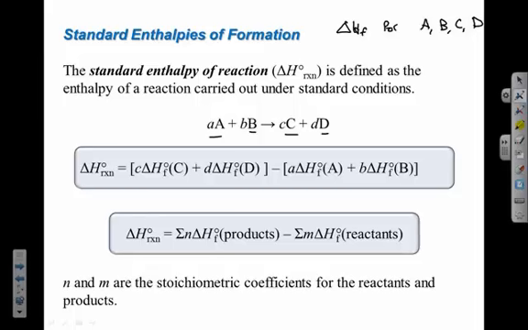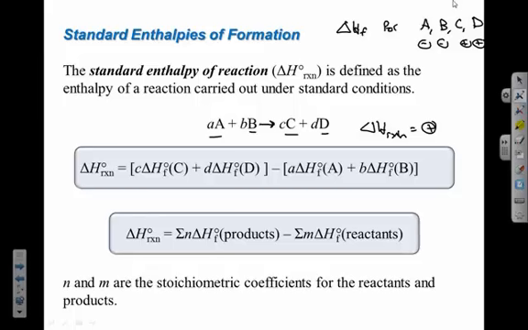If delta HF for A and B are both negative and C and D are both positive, that means substances A and B are very stable and substances C and D are unstable. So if I do a reaction where A and B are converted into C and D, I can predict that delta H for this reaction is going to be positive, because I'm going from a stable substance to an unstable, higher potential energy substance. I would have to put energy in to do that.